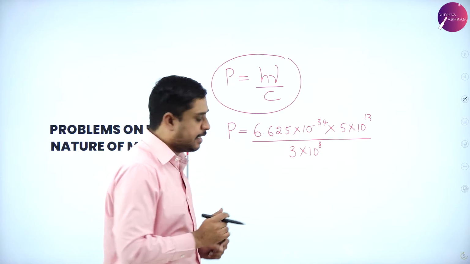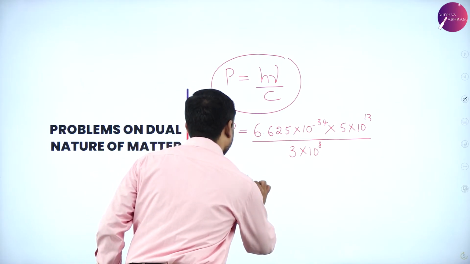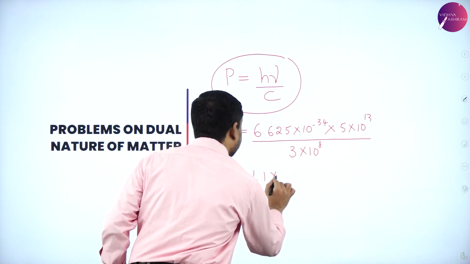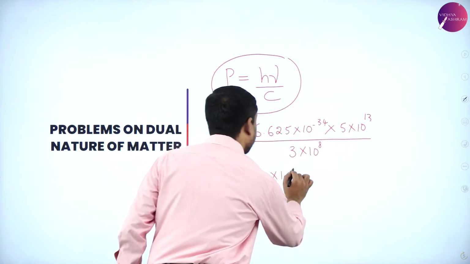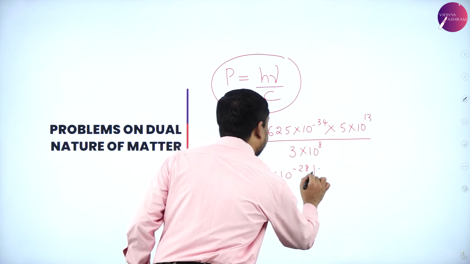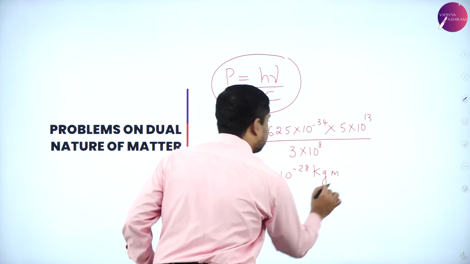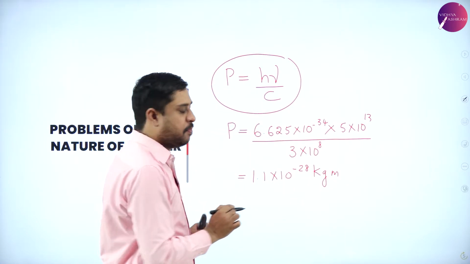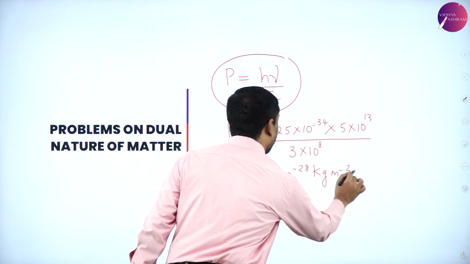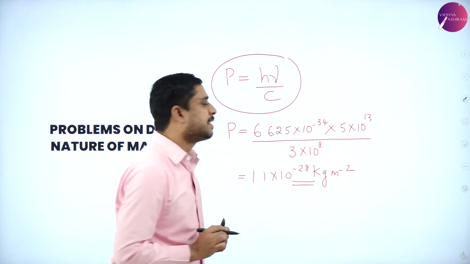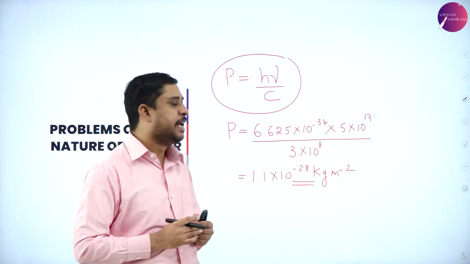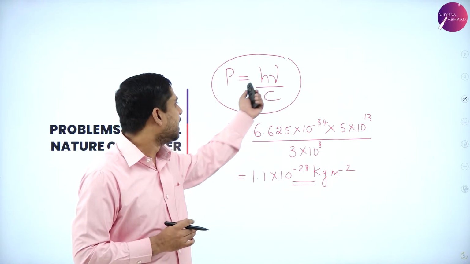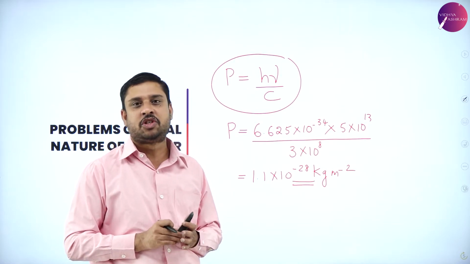So the answer is 1.1 into 10 power minus 28 kg meter per second. So, very simple. This is a one marker question. So, directly you can solve using the given relation.